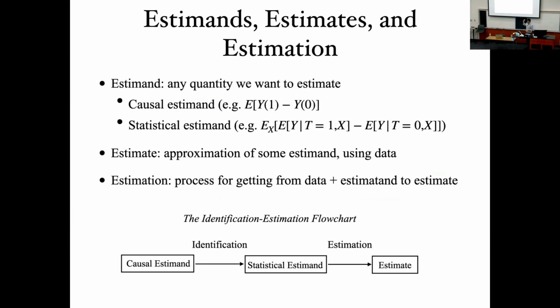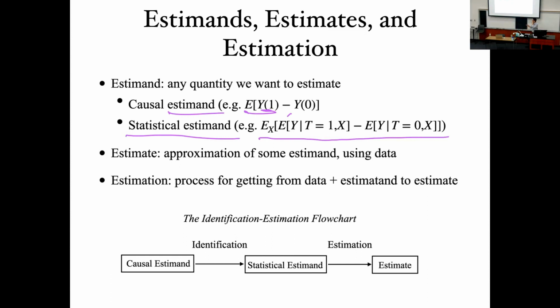I'll skip this part. This is very general. Basically, in statistics, you care about the estimate and the estimation. Estimation is the procedure for you to find the estimator. Here we say this is the causal estimate because you can see the causal notion, and here you can see the statistical estimate because right here we can just find the expectation. It's purely statistical.